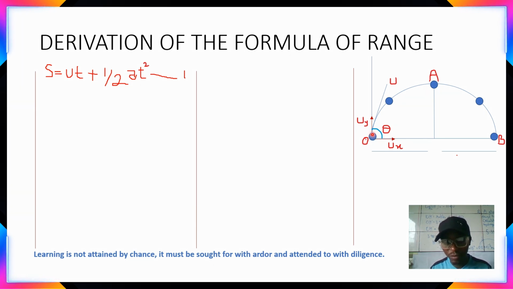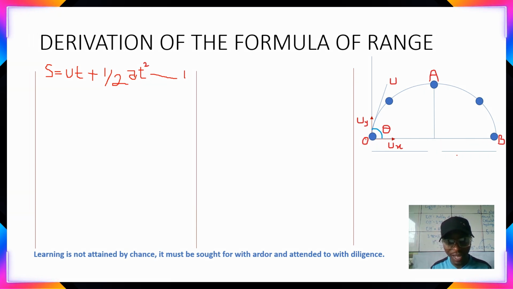Actually, the object is projected from this point of projection O, and it moves along OA. Then it falls to AB. So this distance can be resolved into two. We have the vertical distance, which has the maximum height A, and we also have the horizontal distance along OB.